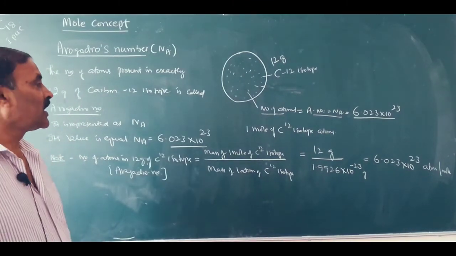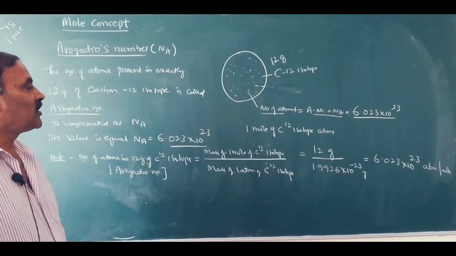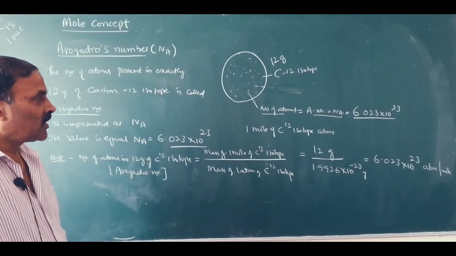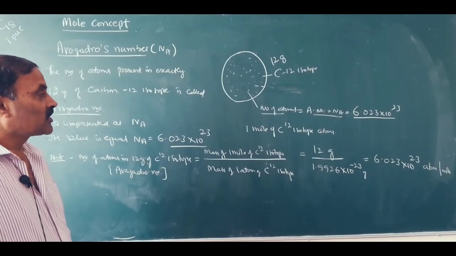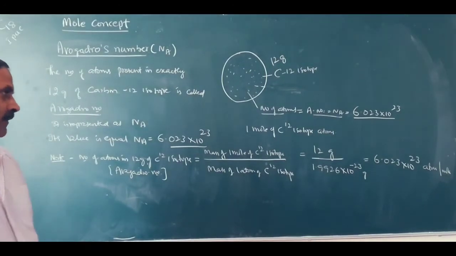Number of atoms present in exactly 12 gram of carbon 12 isotope is called Avogadro number.